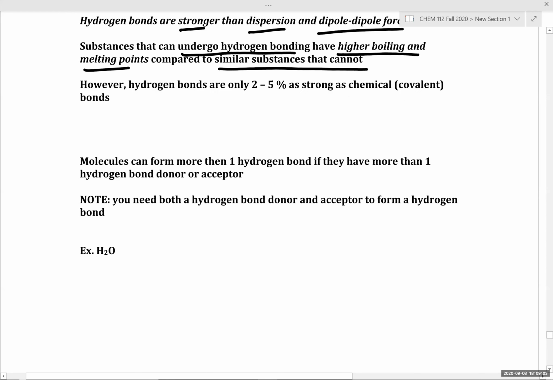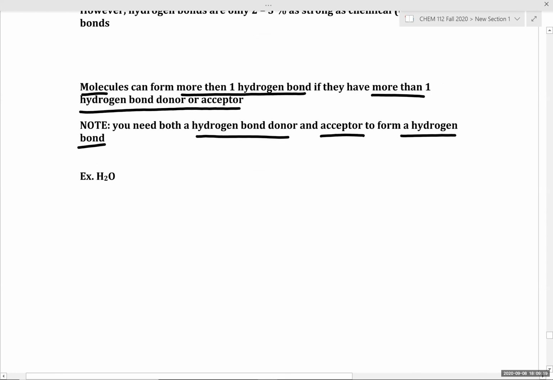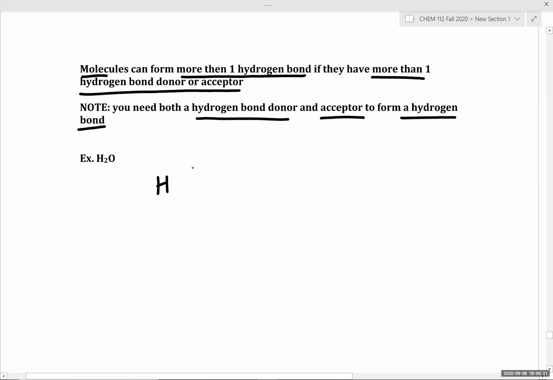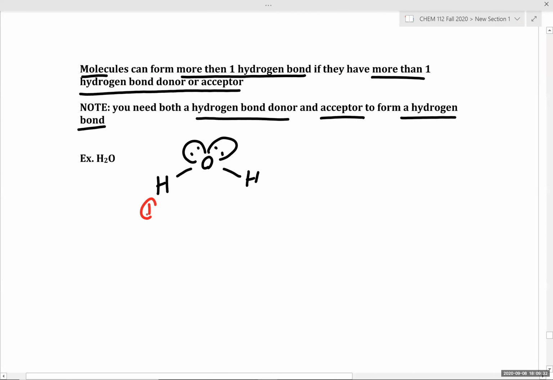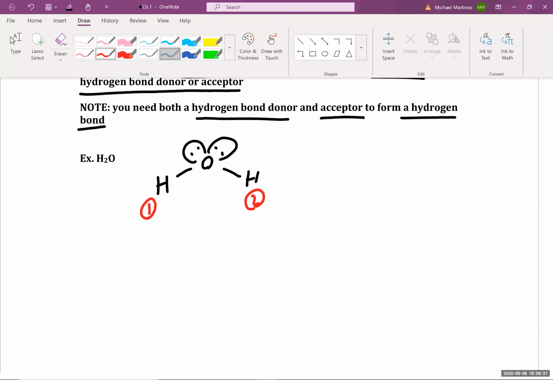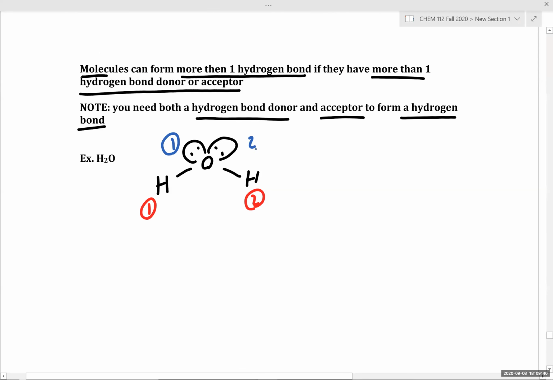Additionally, molecules can potentially form more than one hydrogen bond if they have more than one hydrogen bond donor or acceptor. Note you need both a hydrogen bond donor and an acceptor to form a hydrogen bond. So for example, in water, H2O, we have a total of 2 donors, 2 hydrogen atoms, and a total of 2 acceptors, 2 lone pairs.